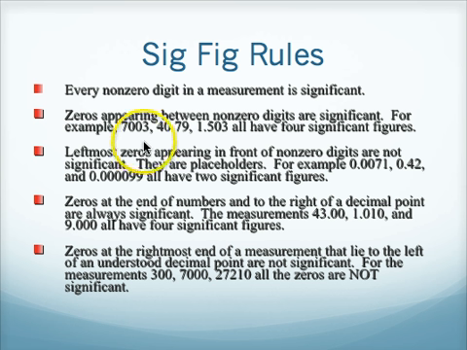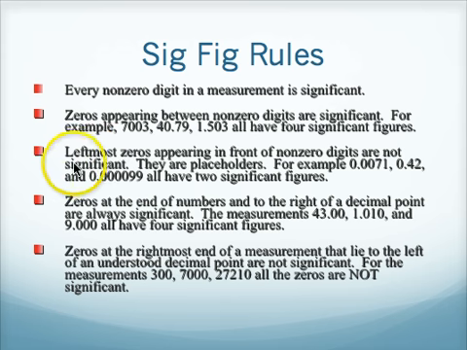In the number 40.79, the 0 is squished between 2 significant digits, the 4 and the 7, so this would also be 4 significant digits. And 1.503, again, the 0 is squished. Whenever you have a 0 squished between 2 significant numbers, it counts as significant.